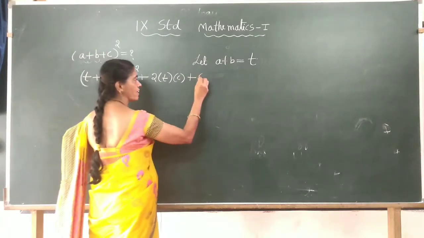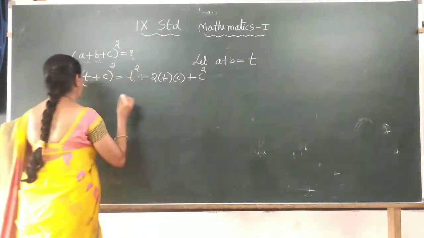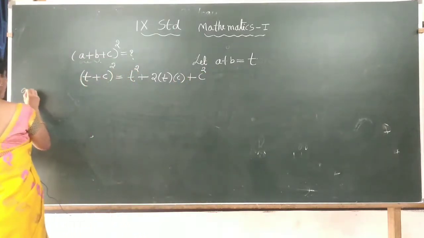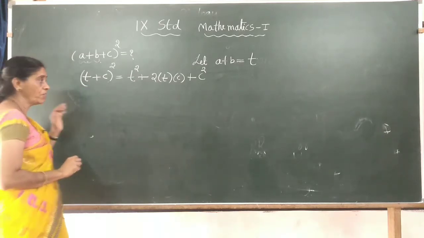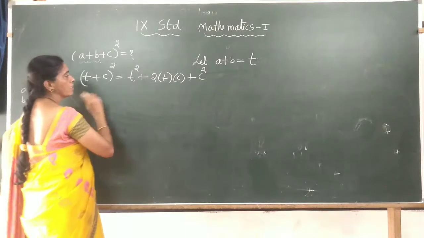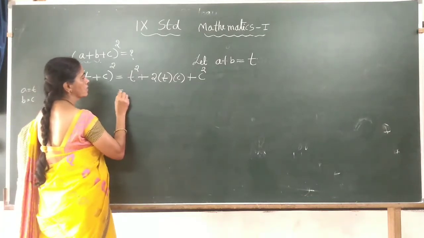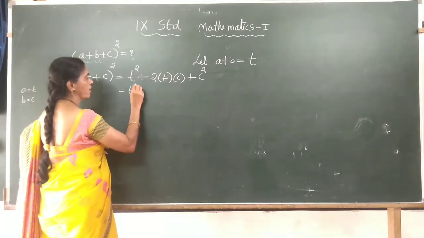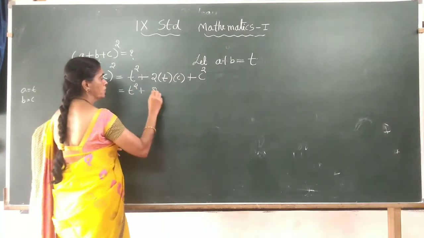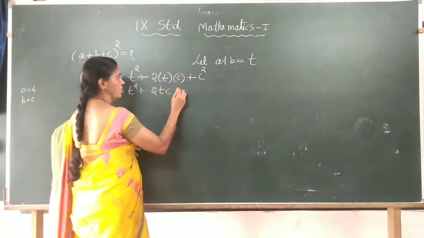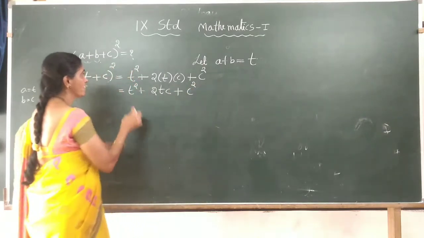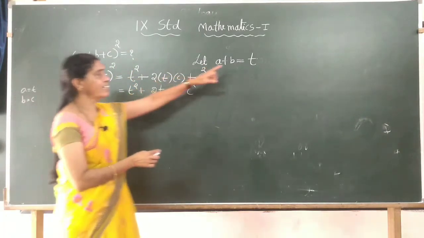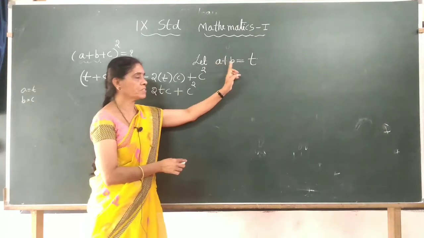So it is c square, because here a is t and b is c. So it is t square plus 2tc plus c square.